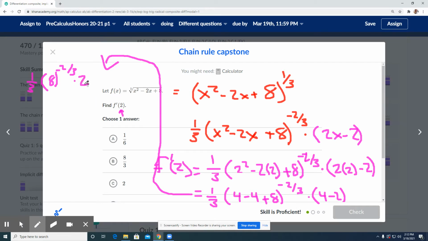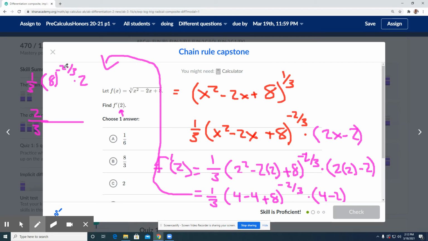Okay, so I'm going to go ahead and move the 2 out front, so that becomes 2/3. Negative exponent puts it on the bottom, and so this 8 is going to go on the bottom, and then I'm going to break apart this fractional exponent into the pieces that work the best.